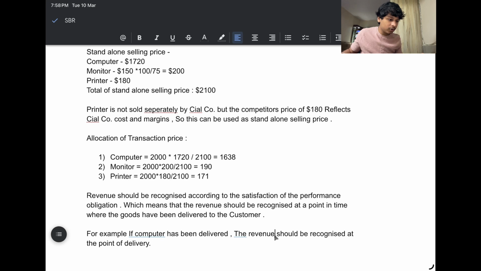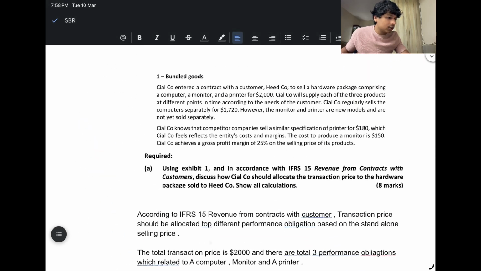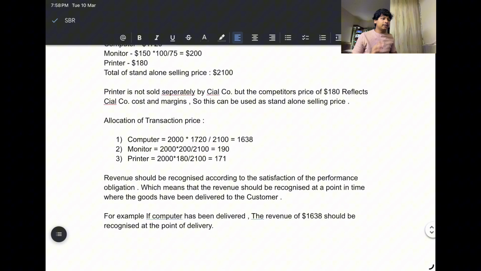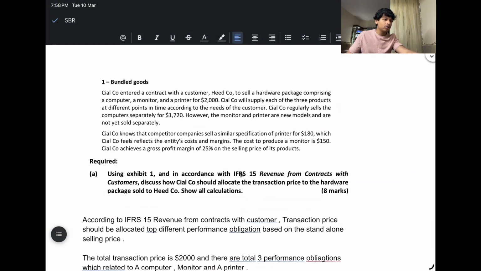We can mention the amount as well: revenue of $1638. I hope this is clear. So this is it for the solution, and this is the approach that we should follow.